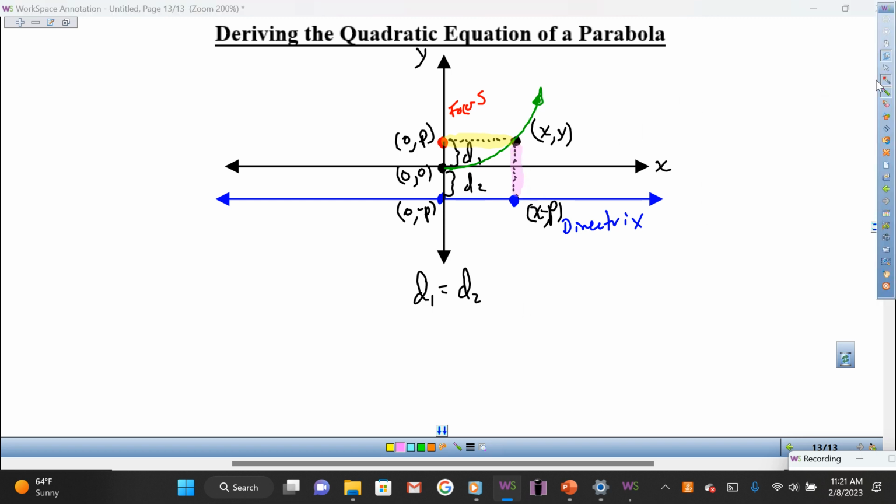That still, this distance is the same as this distance. Do you agree with that? Yes? So we're saying that this is our new distance 1, and this is our new what? Distance 2. Label that, please. If you have highlighters, make sure you highlight that.